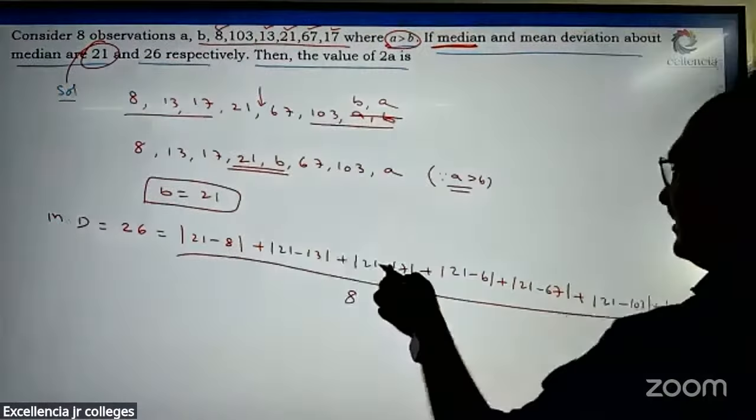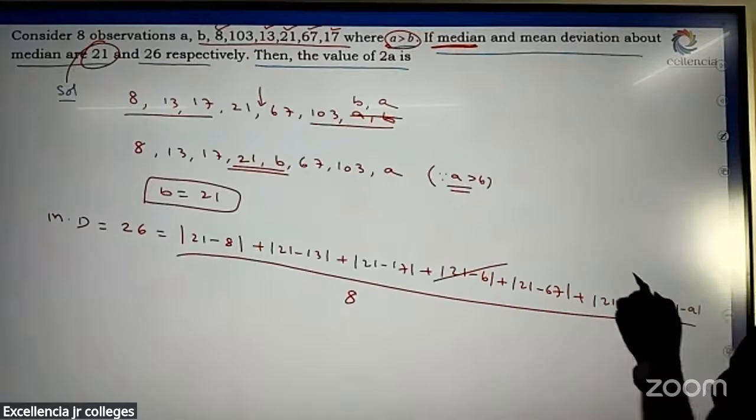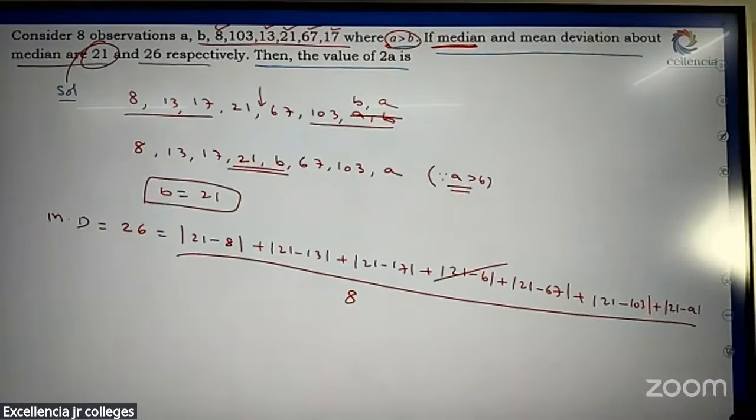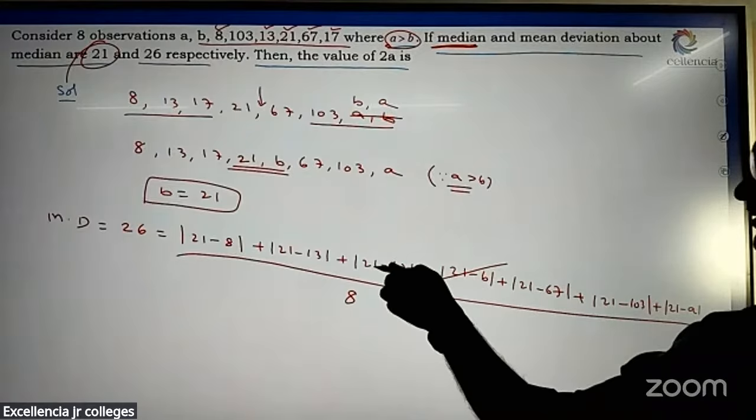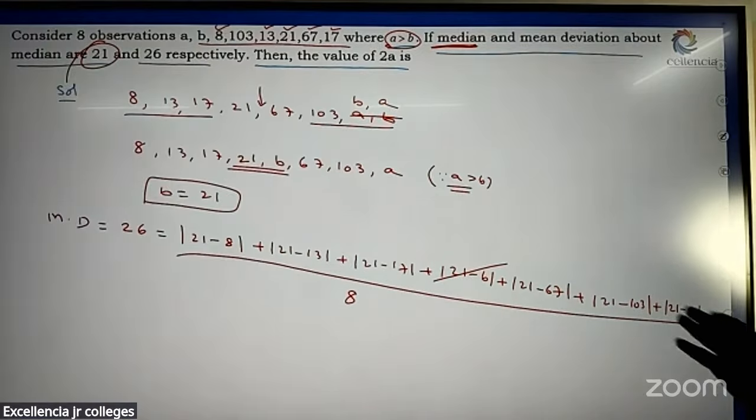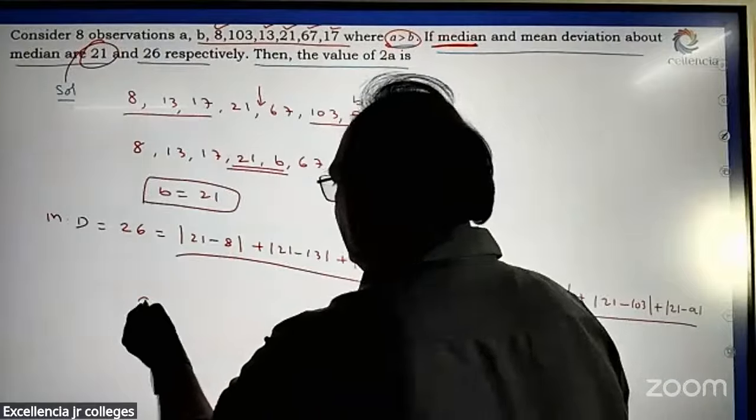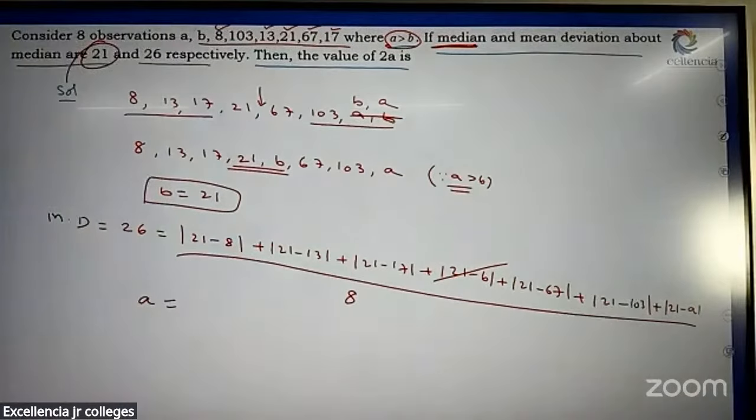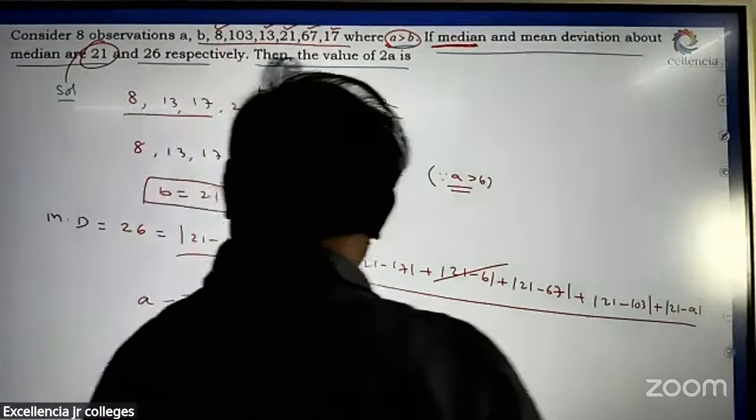So here in this case, when you observe, B is nothing but 21, that will cancel. 21 minus 21 also cancels. So finally you will get what here? A, when you calculate, is nothing but 76.